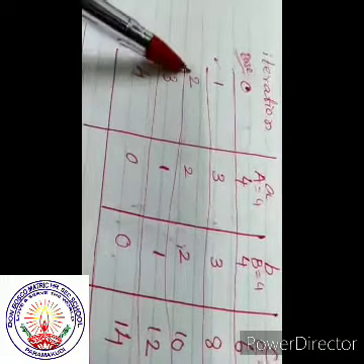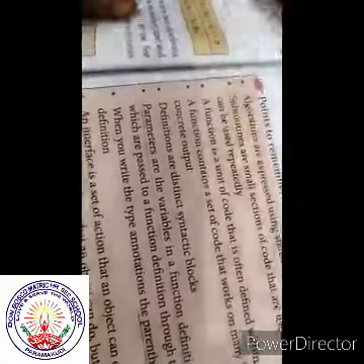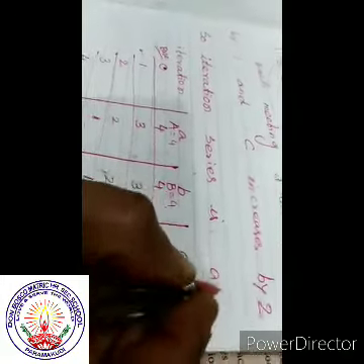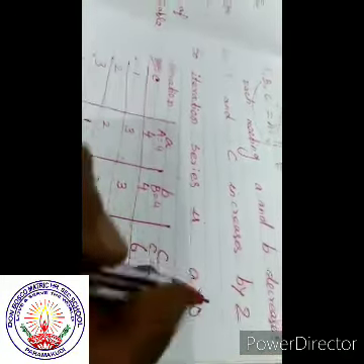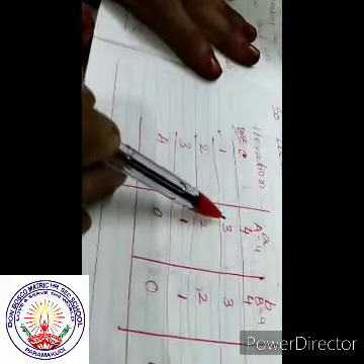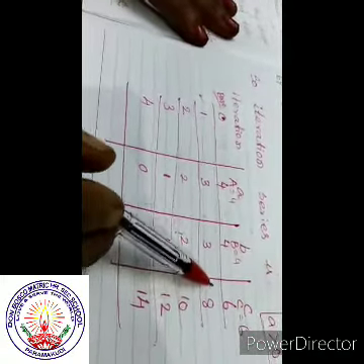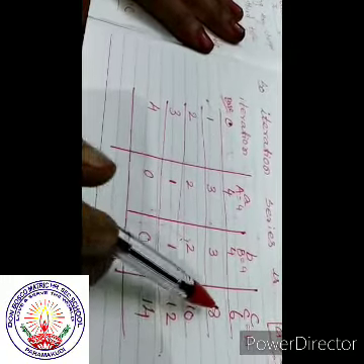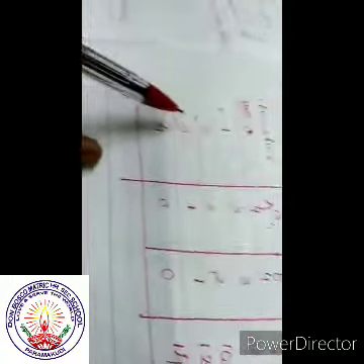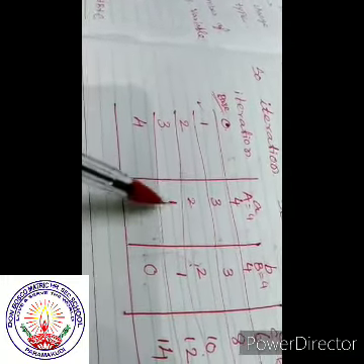Okay, and the next meeting. This process goes on while A is greater than 0. So next, 3 minus 1 is 2, 3 minus 1 is 2, and C is already 8, so next meeting 8 plus 2 is 10. Again, third meeting, A equals 2, so 2 minus 1 is 1.